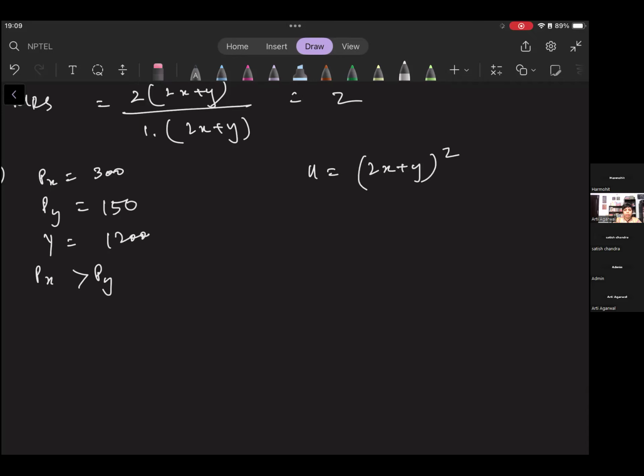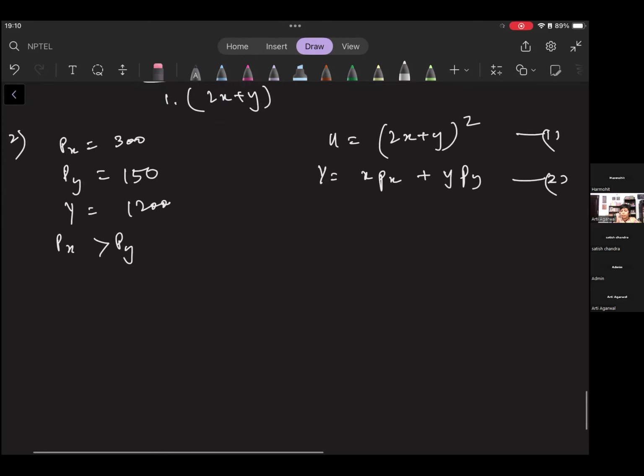So it looks like a complicated function, but actually it is a case of perfect substitutes, or substitutes at least. Whether you want to call it perfect or not is subjective. Some books call it perfect, some books don't. But it's a case of substitutes. What happens in the case of substitutes when the budget function is also linear? Here your budget is what? Y is equal to x Px plus y Py. This is the first equation. You can call this the second equation.